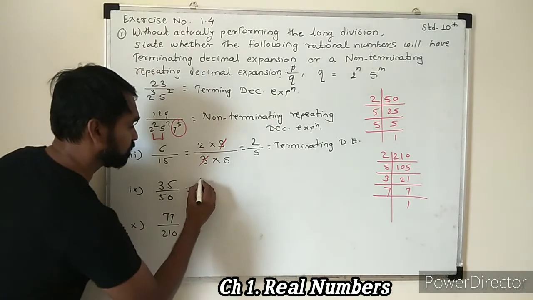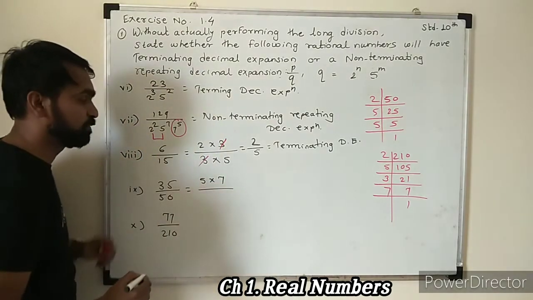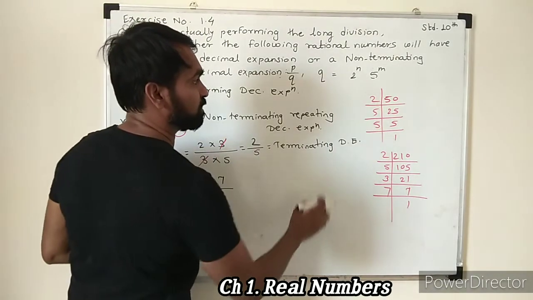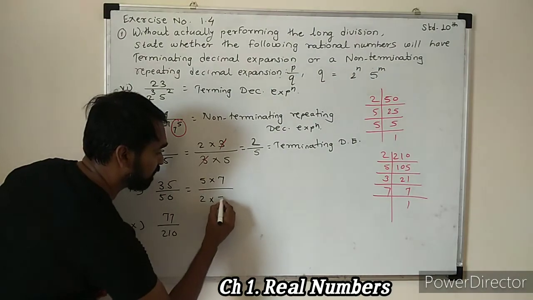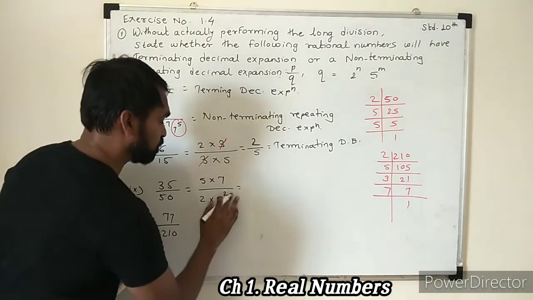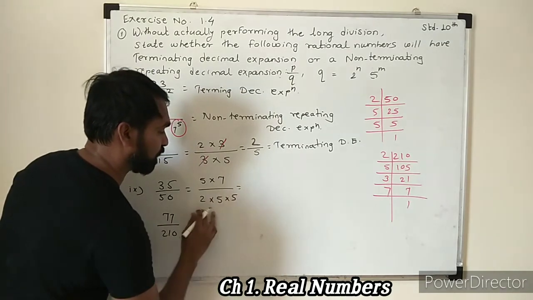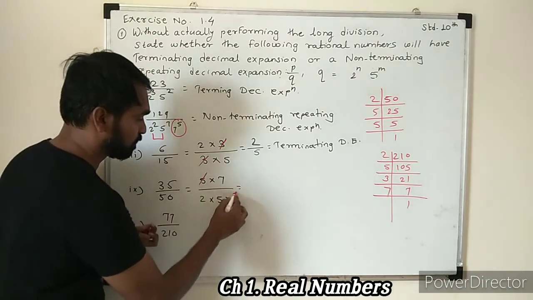Next 9 number, 35 upon 50. 35 means first 5 multiply 7. Right. Next 50. Already you find the factors. 50, that is 2, 5, 5, means 2 multiply 5 square. Here 2, 5, 5, and one 5 is cut.